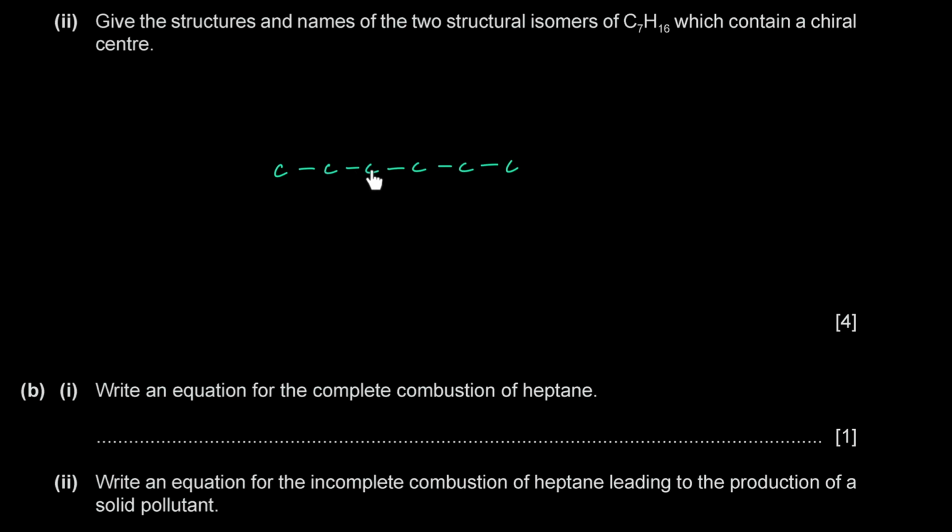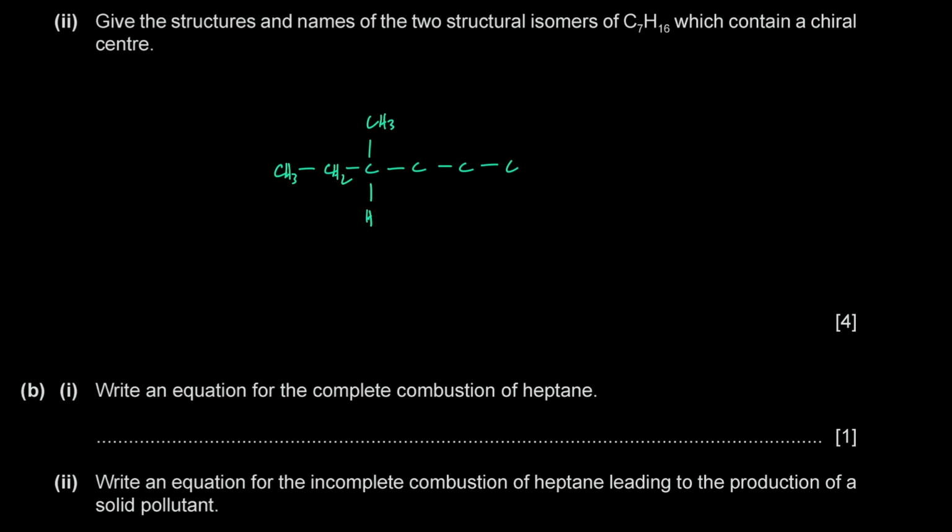What if it was on carbon number 3, so this carbon or this carbon, either one? Then would I have a chiral center? Now I would have a chiral center, right? This carbon atom would be bonded to a hydrogen, a methyl, an ethyl, and a propyl group. So it's bonded to 4 different atoms or groups of atoms. So here I have a CH3, CH2, and then a CH3 here. Then I have a hydrogen obviously on this carbon because each carbon is making 4 single bonds, right?